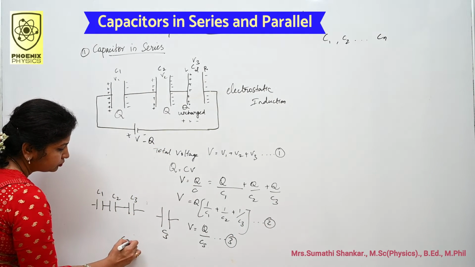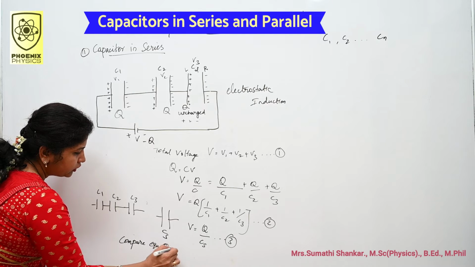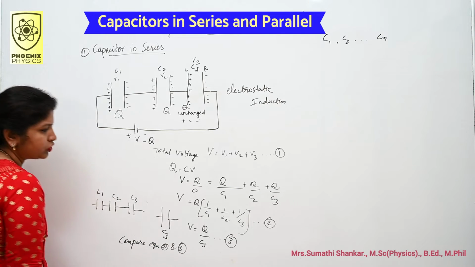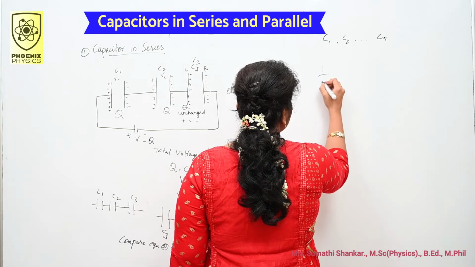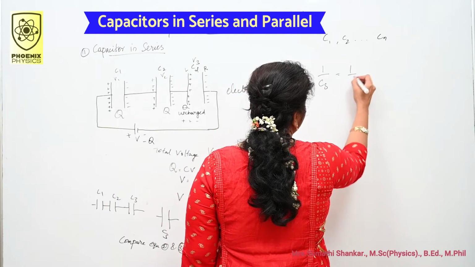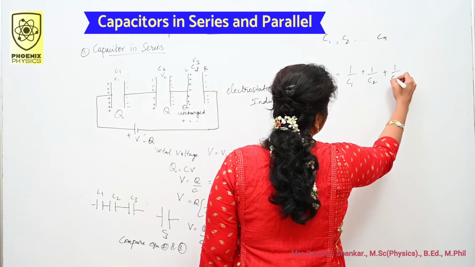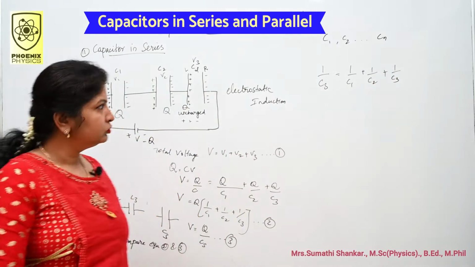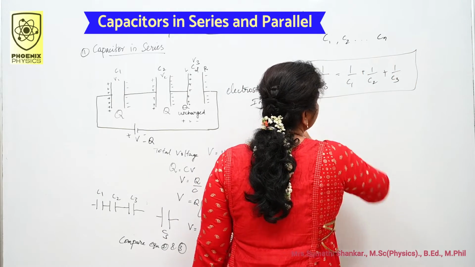Compare equation 2 and 3. So what is your conclusion? 1 by CS is equal to 1 by C1 plus 1 by C2 plus 1 by C3. This is the formula for capacitors in series connection.